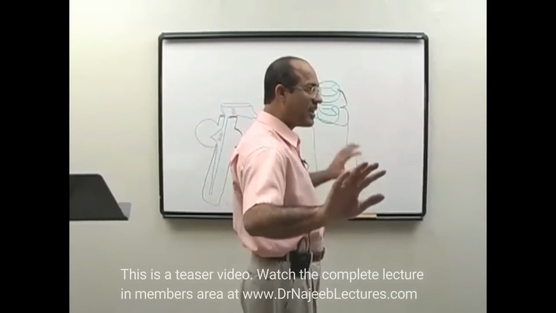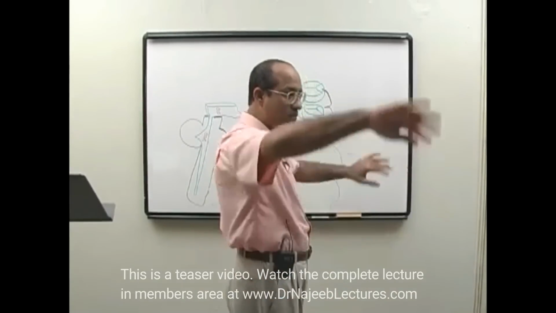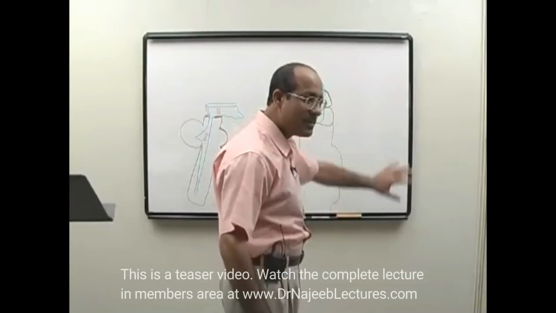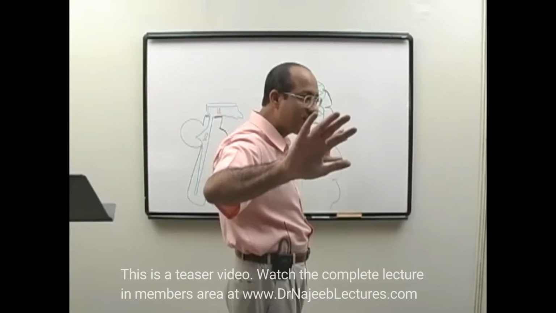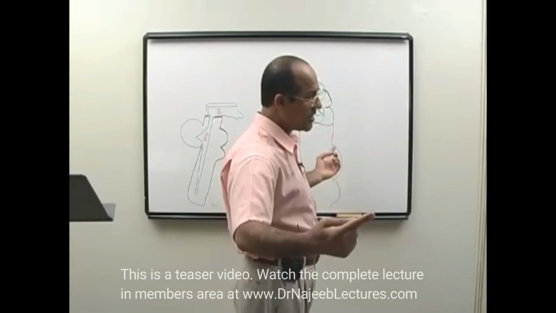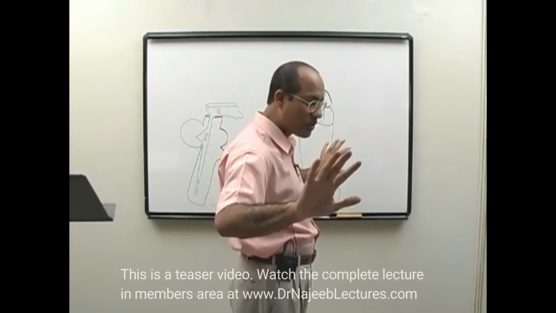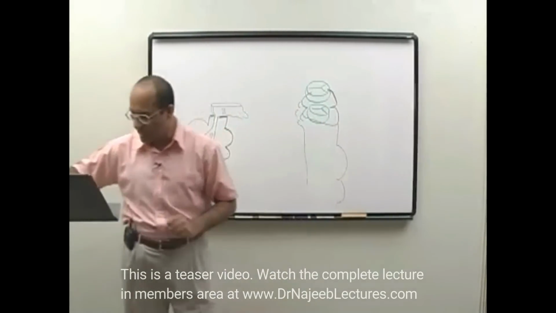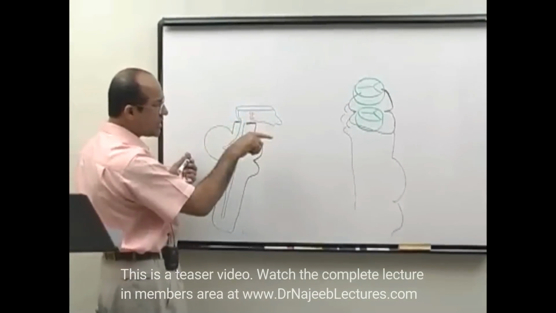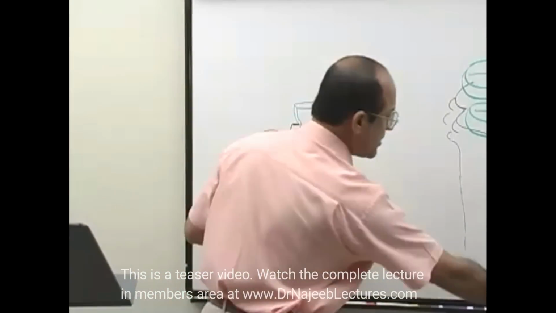Now on my right side and left side, there are very big masses of grey matter. These two masses of grey matter are called thalami. On this side there is one thalamus, on that side there is the other thalamus. No problem here?